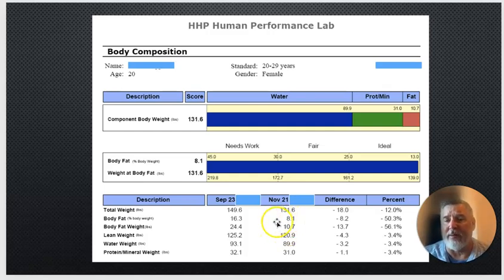If the body fat percentage is too low for females, a couple of things can happen. One, you can go from having a predictable menstrual cycle to being amenorrheic, which means there's an absence of a menstrual cycle. If there's an absence of a menstrual cycle, then that female will begin to displace calcium in their bone matrix.